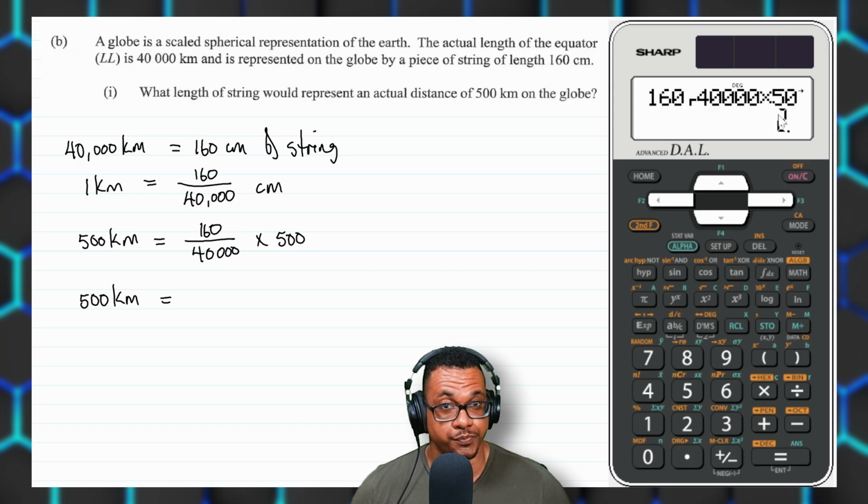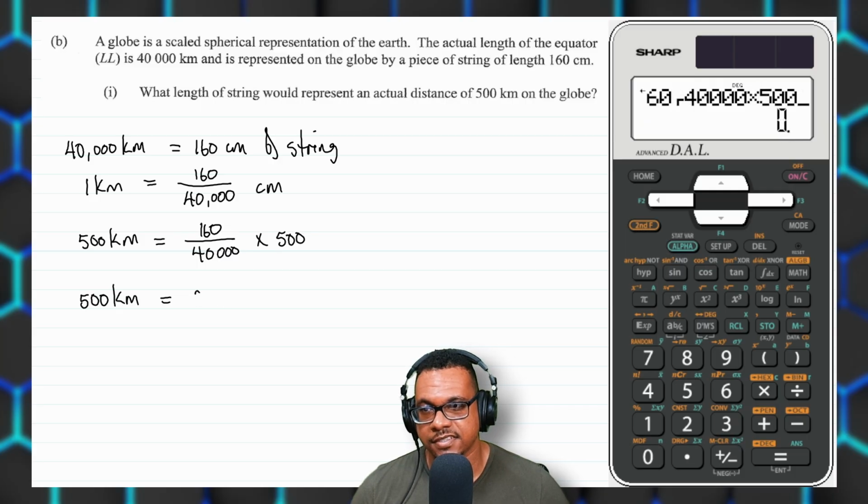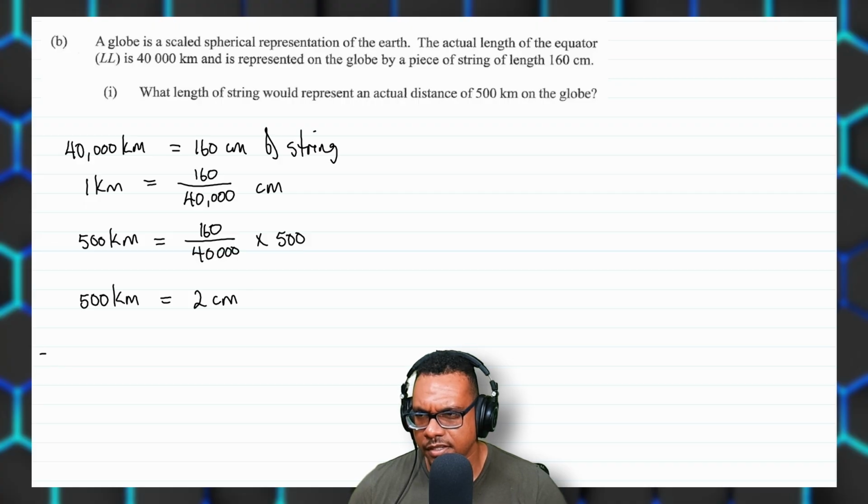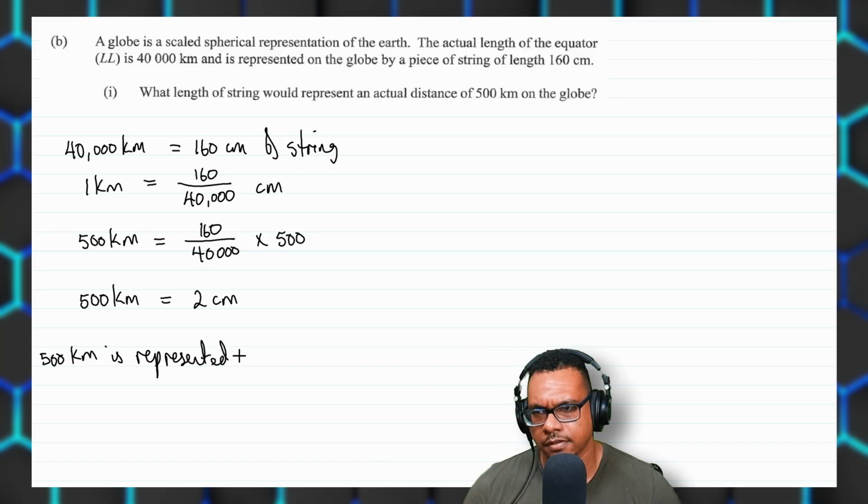And we get 2. Okay, so that's just 2 centimeters of string. All right, so our answer is just 2 centimeters. So I can just make a little statement here that 500 kilometers is represented by 2 centimeters of string.